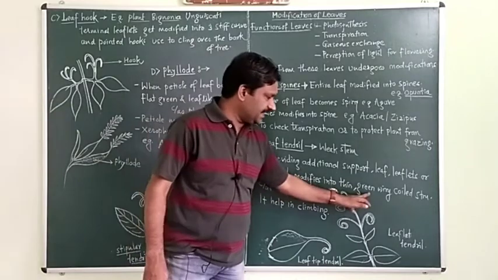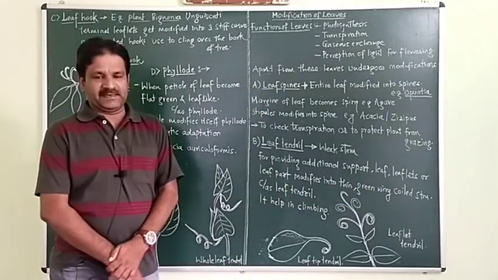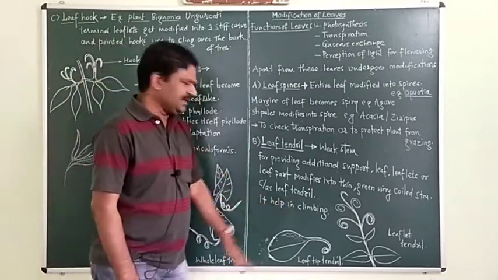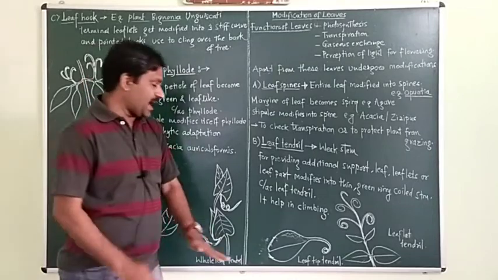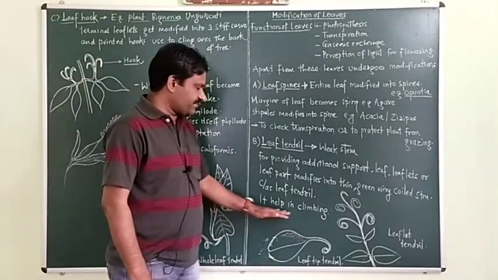That thin green wiry or coiled structure is called a leaf tendril. And what is the significance of this leaf tendril? The leaf tendril helps the plant to climb.